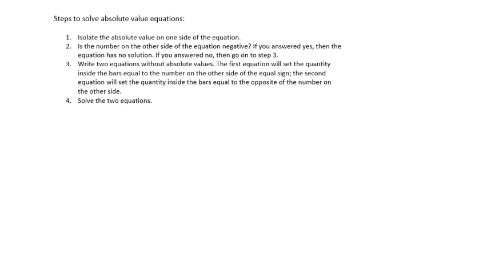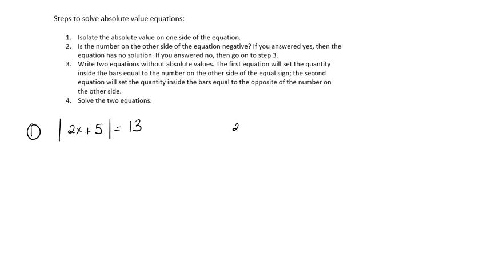Let's write some examples down. Example 1: the absolute value of 2x plus 5 equals 13. The absolute value is already by itself, meaning there's nothing outside that absolute value.